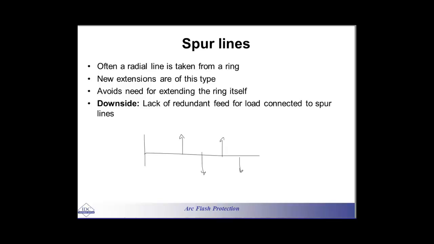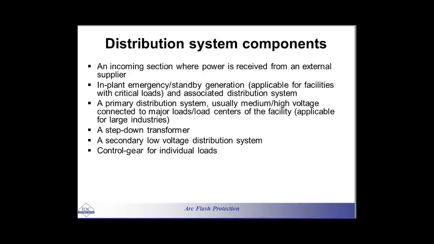New extensions are possible, so you can add and add as long as the rating of the line allows, of course. But as it says in here, there is a lack of redundant feed for loads connected to spare lines. Per load, you have got only one feeder, so there is no redundancy. So we do such a thing for not very important loads.